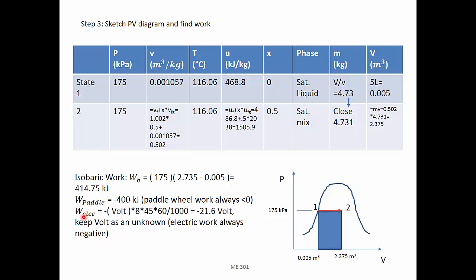Electrical work is given as voltage multiplied by current by time. The unit of the time needs to be in seconds, therefore we convert. The division by the factor of 1,000 is necessary to make sure the unit of electrical work is in kilojoules.